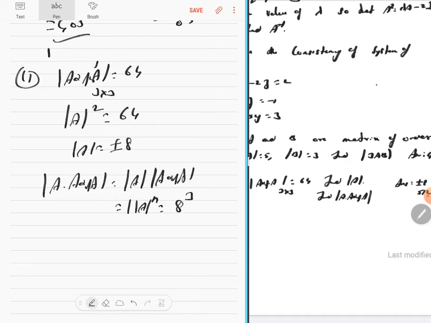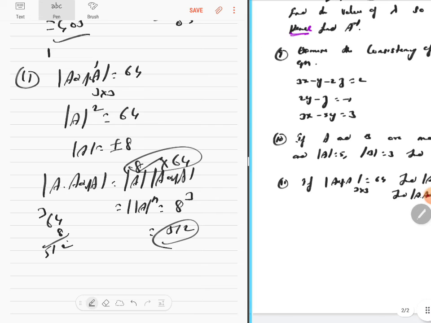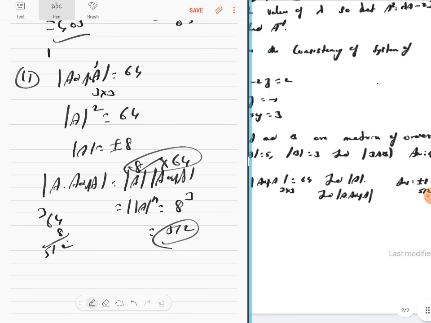So 8 to the power 3 is 8 8s are 64, 8 4s are 32, 8 6s are 48, 512. You can say like that, or you can take determinant of A, which is 8, and multiply with 64, and say the answer. There are many ways in which you can answer this. So that's all.